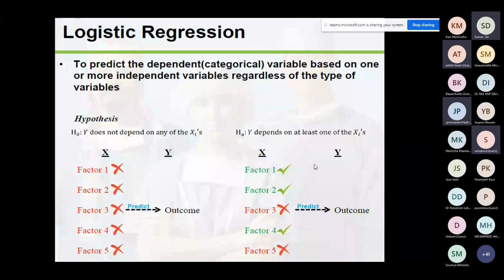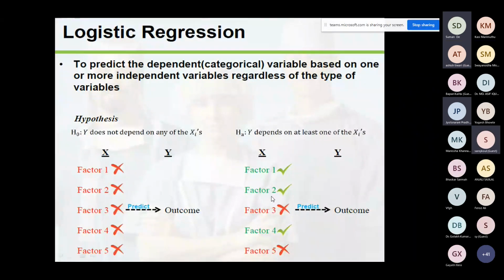Null hypothesis: your dependent variable does not depend on any one of the independent variables, meaning your outcome is not depending on any of them. Alternate hypothesis: your dependent variable, the outcome variable, depends on at least one of the independent variables. Not all of them, at least one of the independent variables influences your dependent variable.